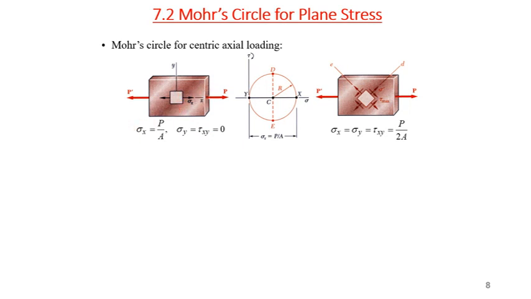Okay, now we know the equation for the circle, that was equal to sigma x prime minus sigma average. Principal stresses.